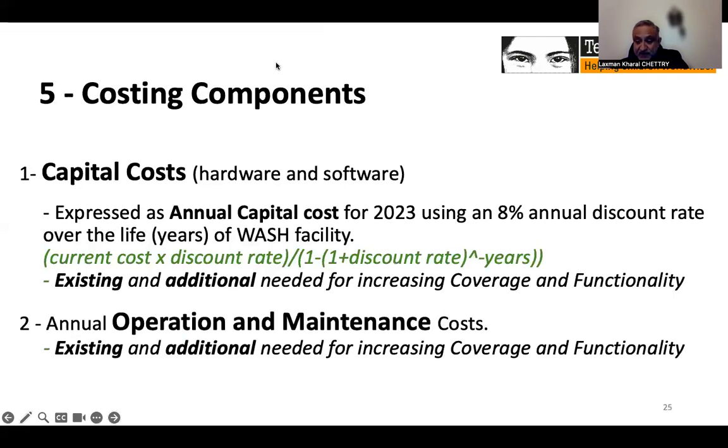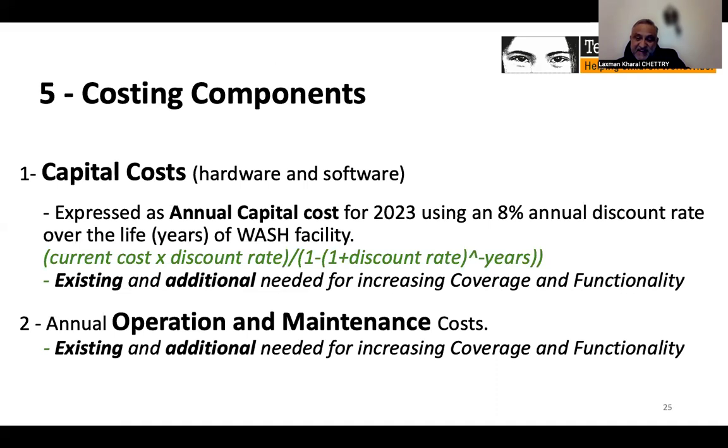Now, regarding the costing components, it is in line with what Darcy had shown. Our analysis included capital and operation maintenance cost. Under capital cost, we also covered software costs. For both capital and operation maintenance cost, we expressed existing costs and cost for additional investment required to improve coverage and functionality of WASH facilities or services.